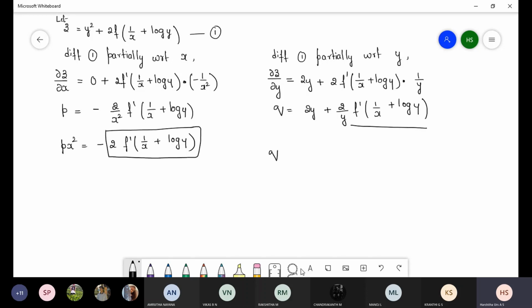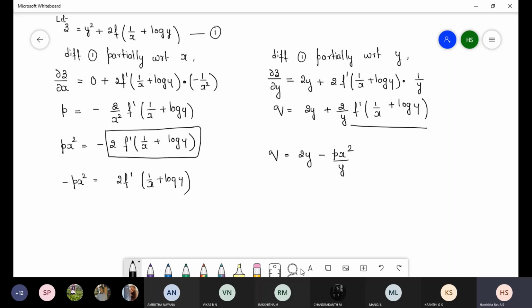So I write q as it is equal to 2y, here minus is there, so put minus px square divided by y in the place of 2 into f dash of 1 by x plus log y.